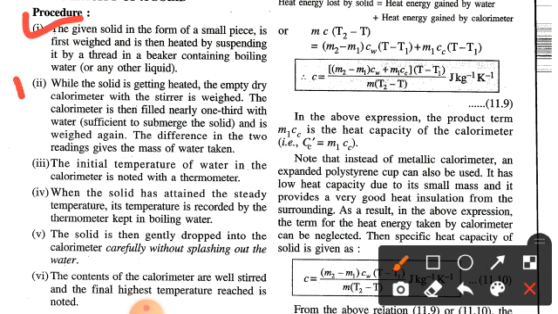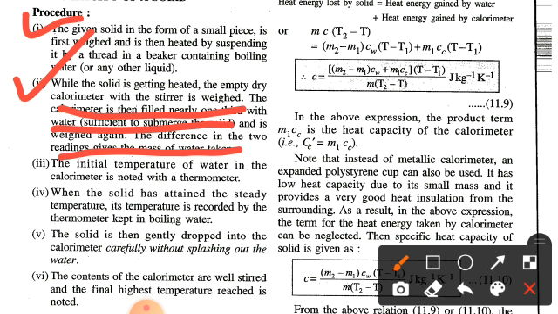Now the second one is: while the solid is getting heated, the empty dry calorimeter with the stirrer is weighed. The calorimeter is then filled nearly 1/3 with water, sufficient to submerge the solid, and is weighed again. The difference in the two readings gives the mass of the water taken. If you have to find out the mass, you will find it by this process.